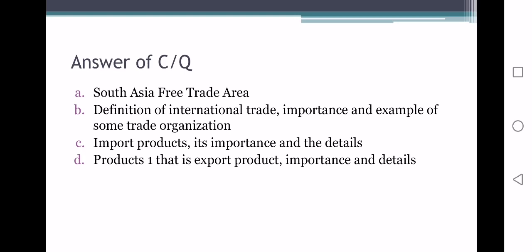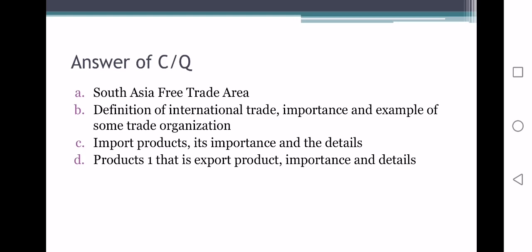And then question number 4 was asking that for making Bangladesh a middle income country, on which products we have to give emphasis. Is it product 1 or product 2? The answer will be that we have to give our emphasis on product 1. Why is that? We have seen in the stem that product 1 are the products that Bangladesh exports on a regular basis, and product 2 are the products that Bangladesh imports on a regular basis from other countries.